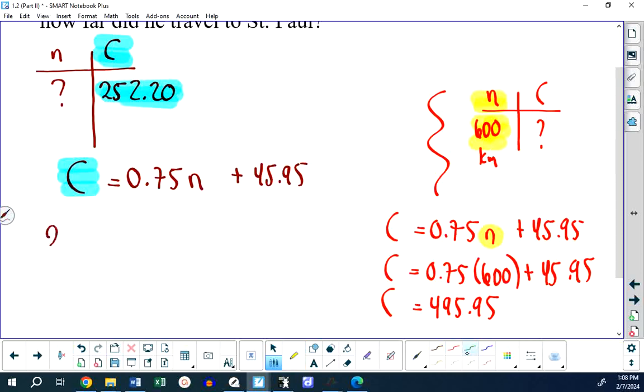So now we have 252.20 equals 0.75 n plus 45.95. And we need to take a pause here. By a show of hands or a nod of the head, how many of you know how to solve this equation for n? A couple of you are iffy, that's fine.